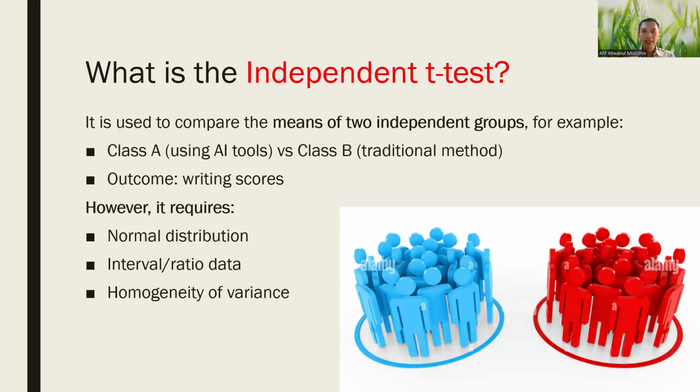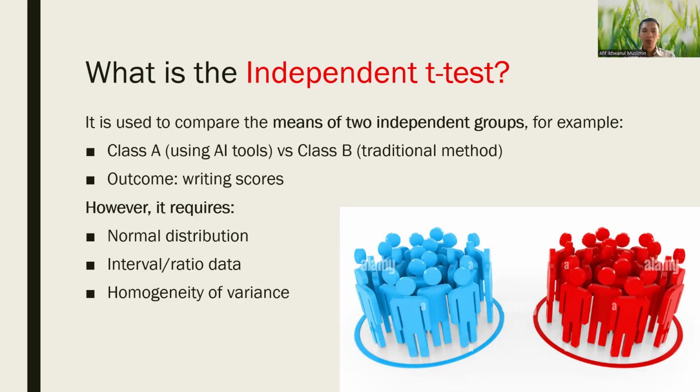You know, independent t-test is a test that you will apply first for doing experimental research with a type of quasi-experimental design. So if your research is trying to compare between two groups post-test score, you will apply independent t-test.